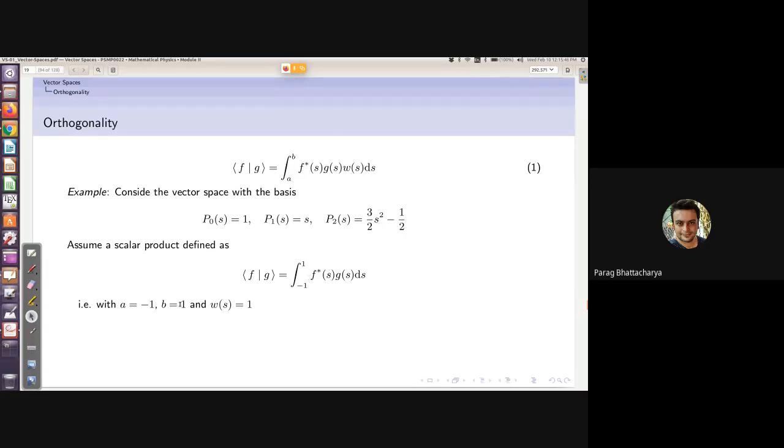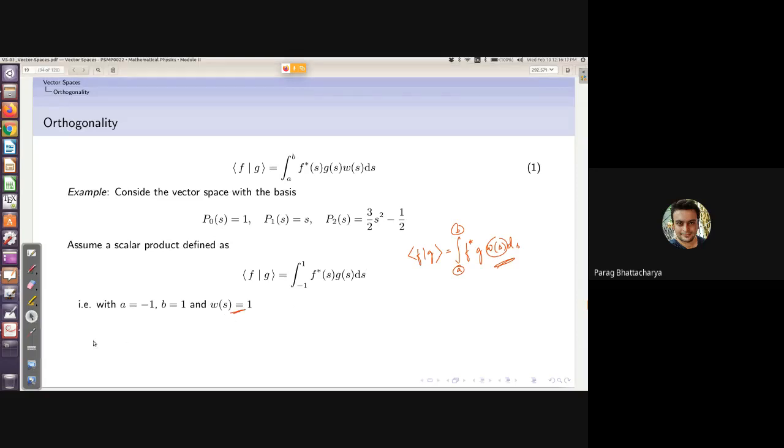Here a is -1, b is 1, and w, because you remember the scalar product in general: for f and g, we had a lower limit, an upper limit, the first function, the second function, and a function of s, w(s). Comparing, a is -1, b is +1, and there is no w here, so w(s) must be equal to 1.